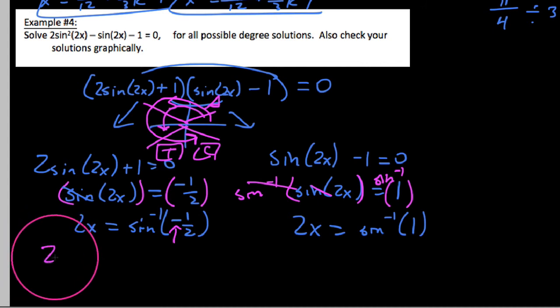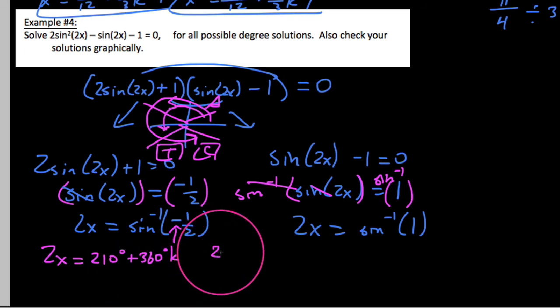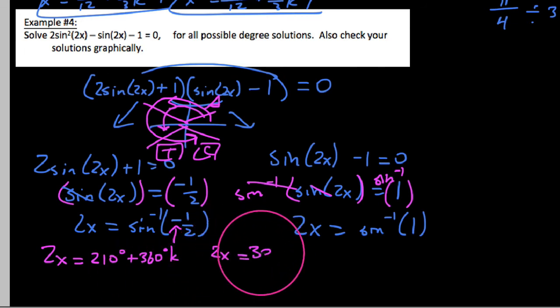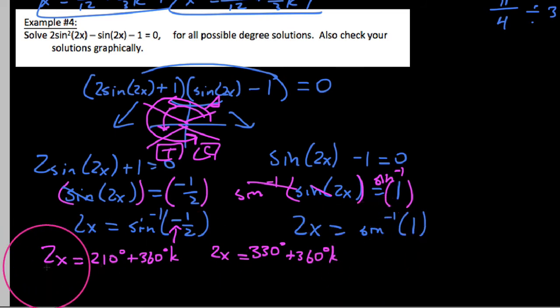So we'd say 2x equals 210 plus the period of sine, and we get 2x equals 330, by the way, sorry, 330 plus 360 degrees. Okay, and then from this well, I guess we need to finish solving these. Let's divide everything here by 2.